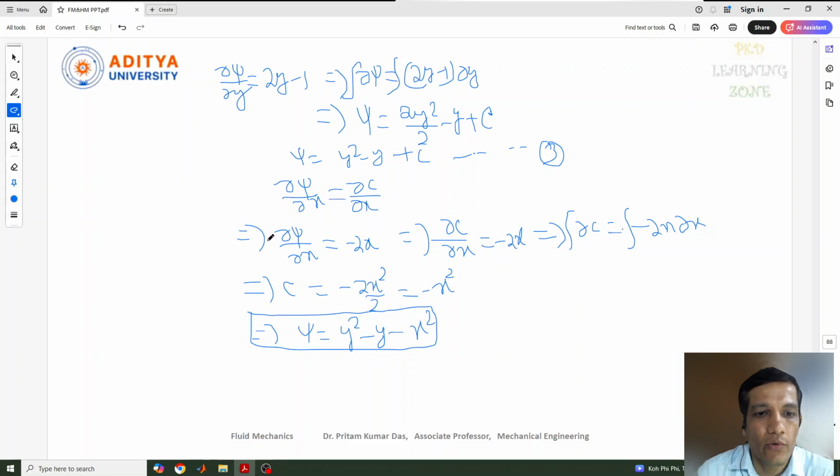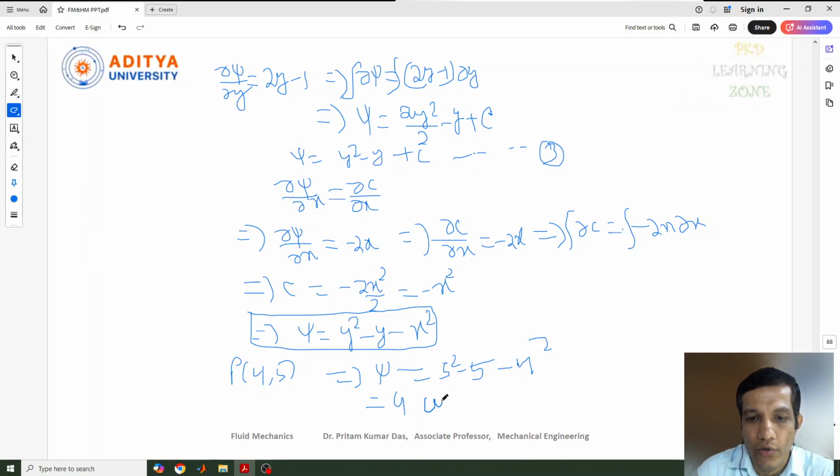Just put the values: psi equals 5 square minus 5 minus x square, that is 4 square. So we get 25 minus 5 minus 16, that is 20 minus 16, so finally it will be 4. This is 4 units per second. This is the value of psi at P equal to 4 and 5.